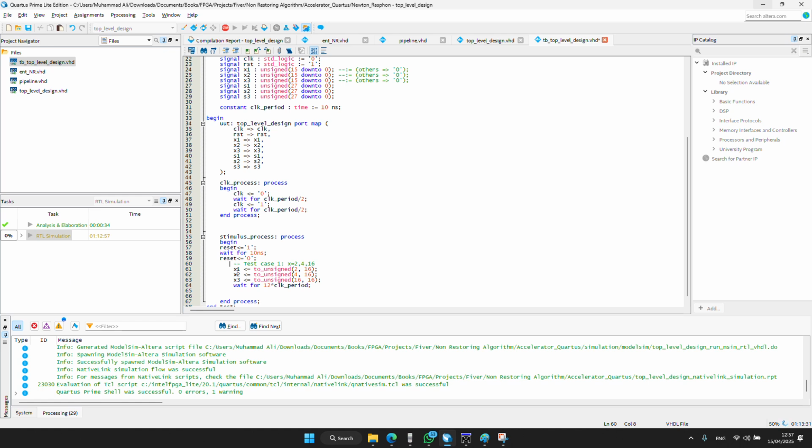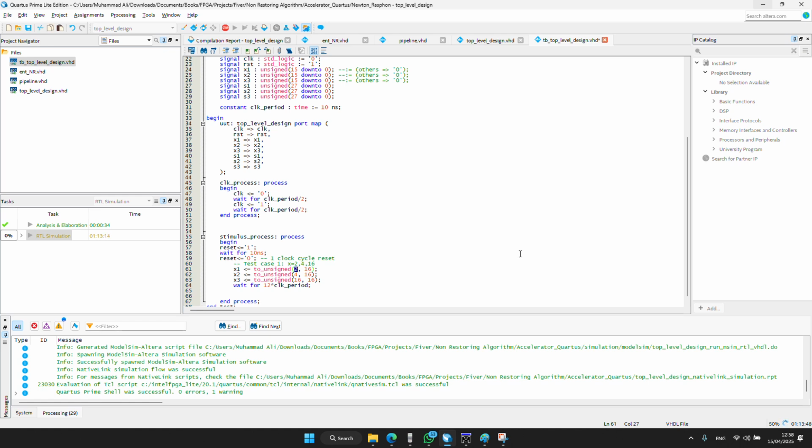So there will be a 10 nanosecond reset, one clock cycle reset.